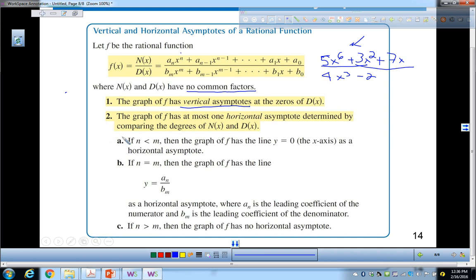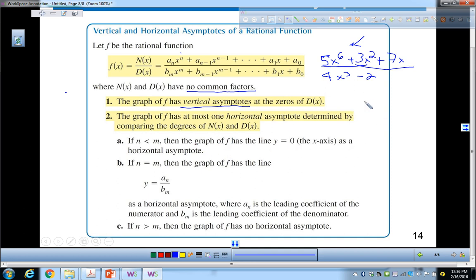Okay, so here are your 3 rules. For finding horizontal asymptotes, I'm going to put this on a sheet, I have it already printed, but I'm not going to give it to you right now. If the degree of the top is smaller than the degree of the bottom, then y equals 0 is a horizontal asymptote.